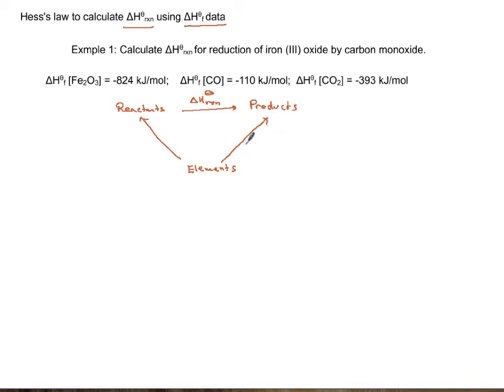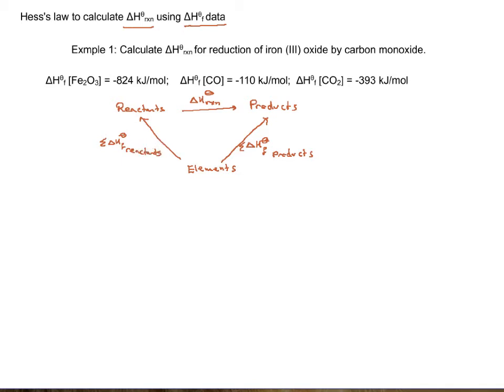So this pathway here can be known as delta H formation of products, and sum of them because the coefficient is also involved, and this other pathway could be known as sum of delta H formation of reactants, which we assume you have the value.